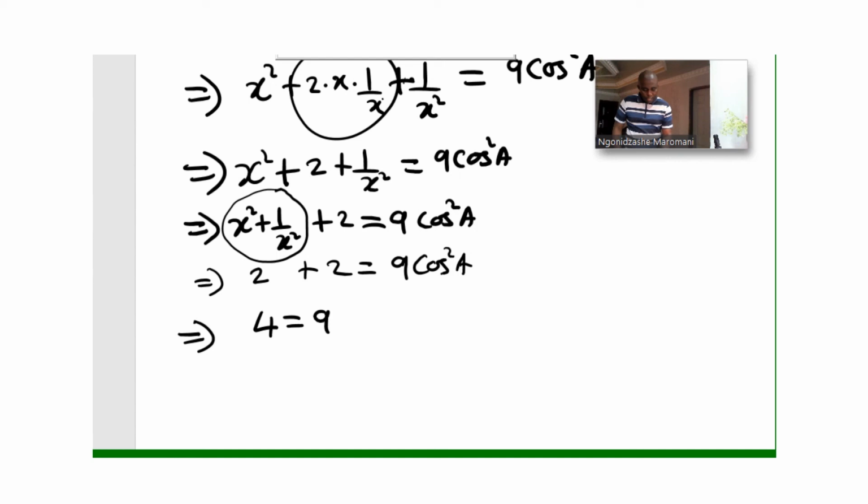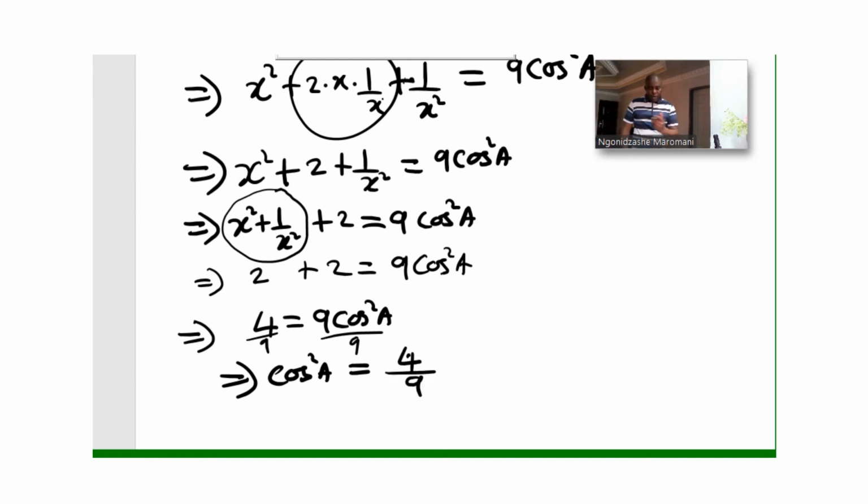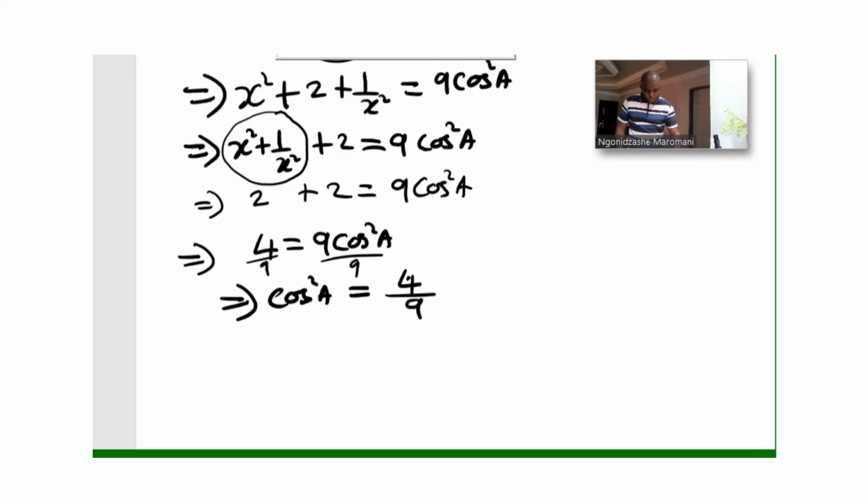So 4 is equal to cos squared a, which implies that cos squared a is equal to, dividing both sides, 4 over 9. Now the question is looking for cos 2a.